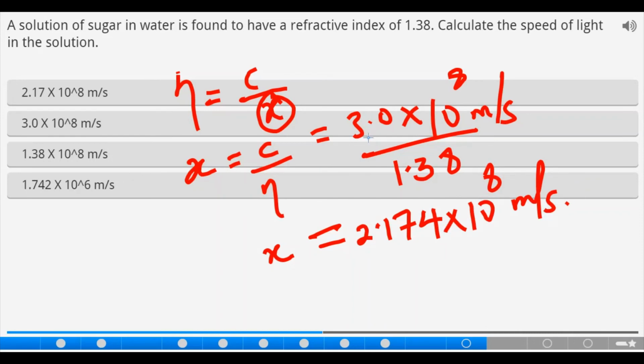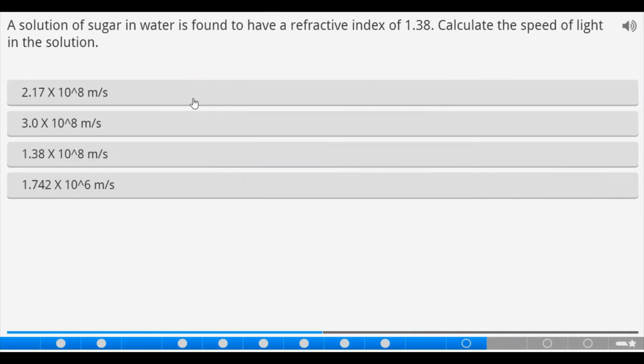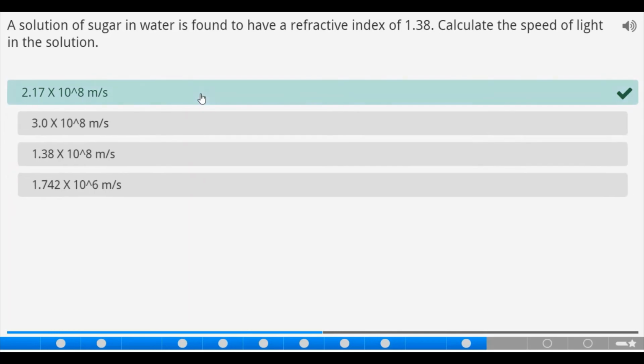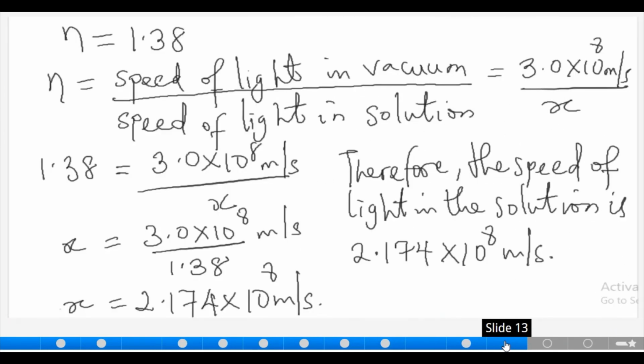We have 2.17 times 10 raised to power 8 meters per second. Let's pick it and check. That's correct. So you can see here the breakdown of solution also. So therefore the speed of light in the solution is 2.174 times 10 raised to power 8 meters per second.